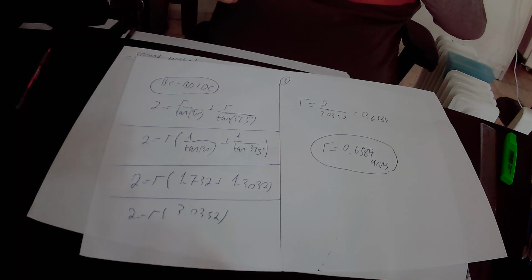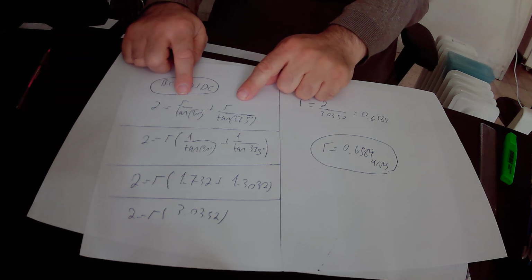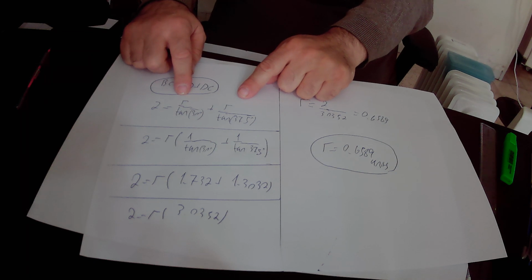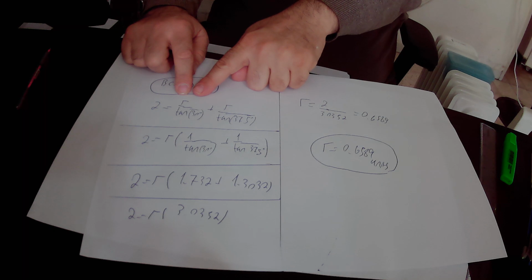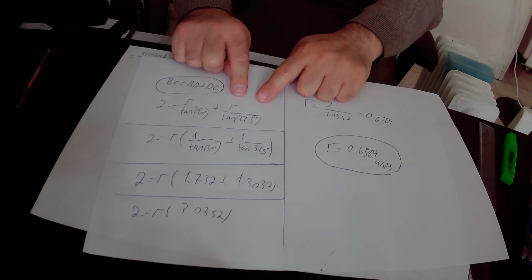So 2 equals, here we took out R as a common factor from those two expressions. What is left from the first expression after we took out R as a common factor is 1 over tan 30 degrees.